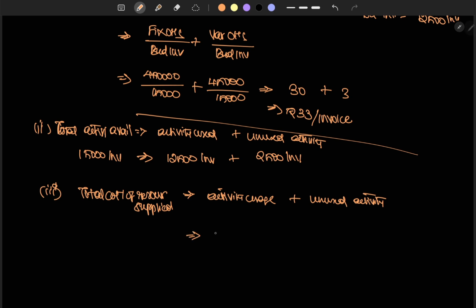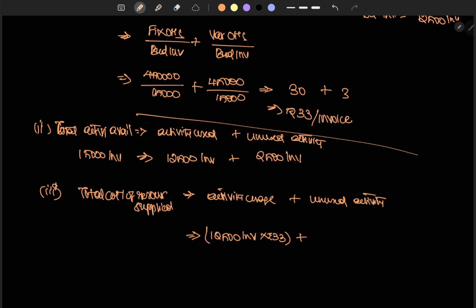For activity usage, the used invoices are 12,500, and we have spent fixed and variable for all those invoices, so we use rupees 33 as the cost incurred for 12,500.